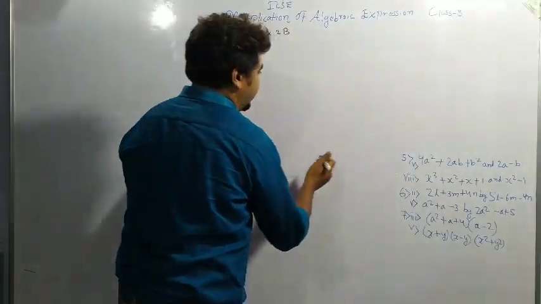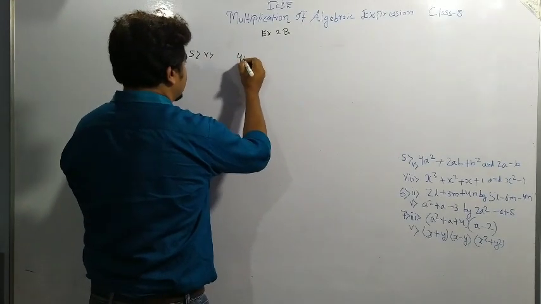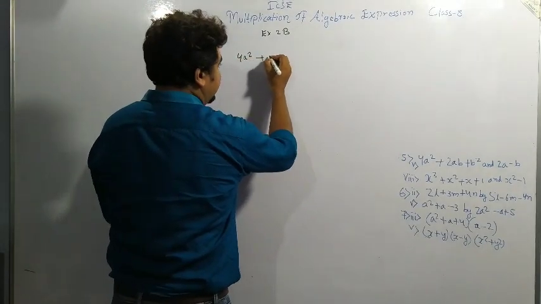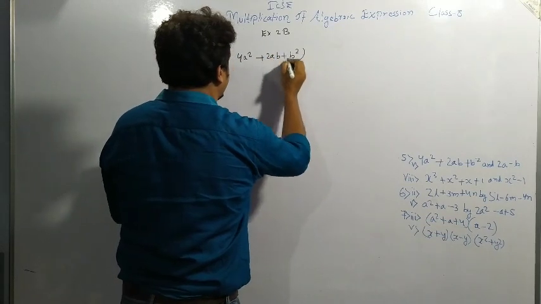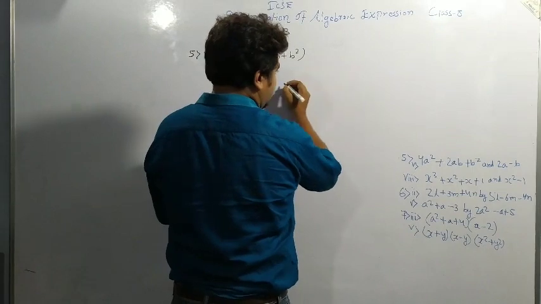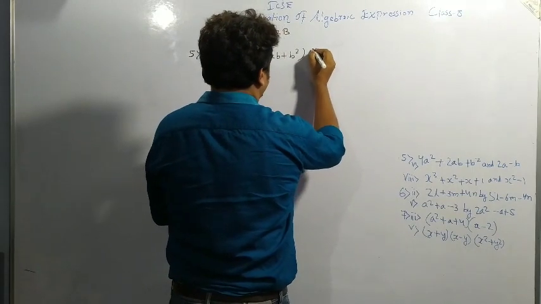So 4a square plus 2ab plus b square is multiplied with 2a minus b.